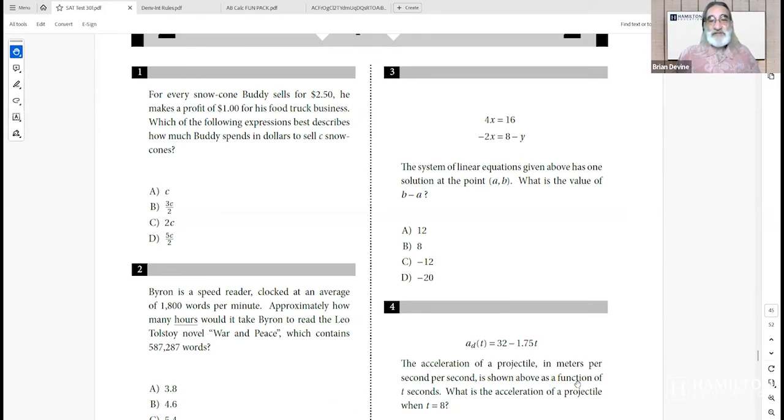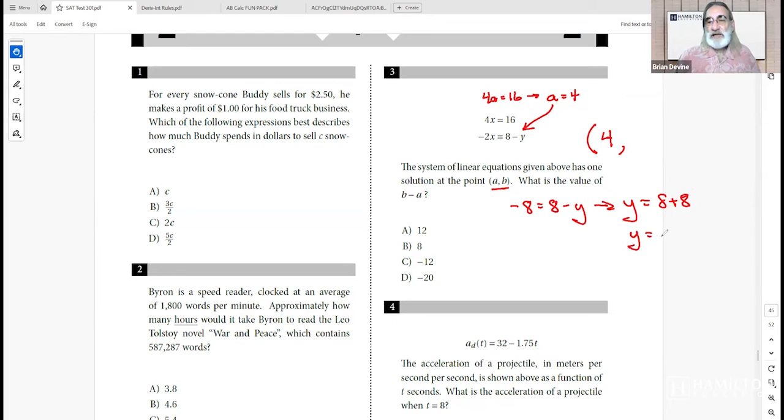Question 3. In question 3, we're given a system of linear equations, and it has a solution at the point (A, B). So if I take A in for X, I'm going to get that 4A equals 16, which tells me that A equals 4. And if I plug that into the second equation, I'm going to get negative 8 equals 8 minus Y, which tells me right away that Y has to be 8 plus 8, because I can add Y and add 8 to both sides.